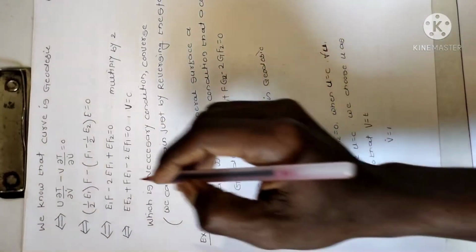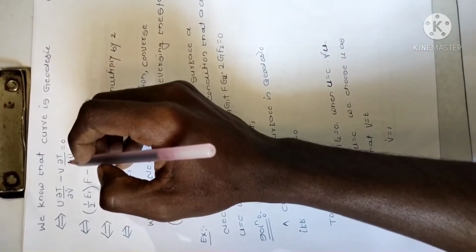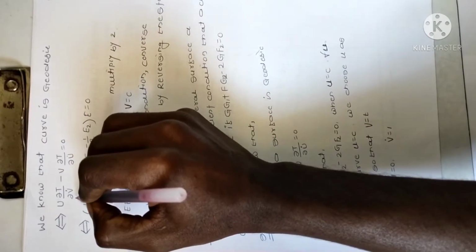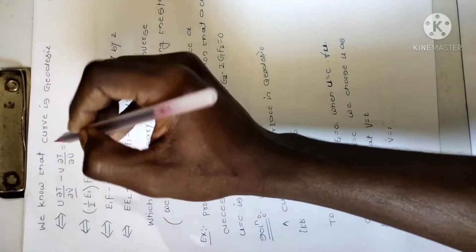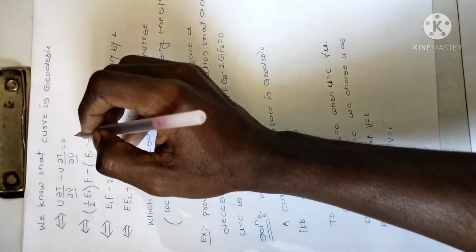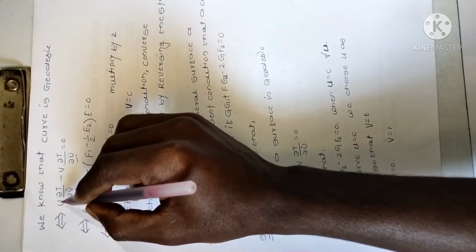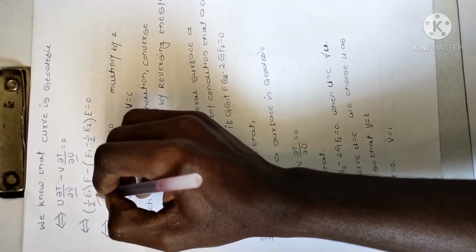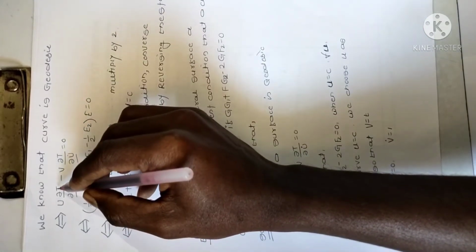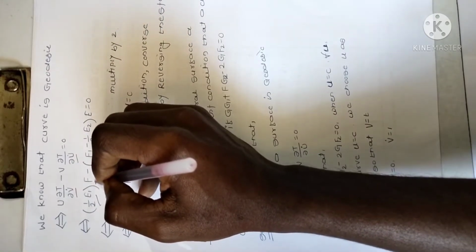We know the curve is a geodesic if and only if U del T by del v dot minus V del T by del u dot is equal to 0. This implies the value of U is half of E1 from equation 4, and the value of del T by del v dot is capital F from equation 3.